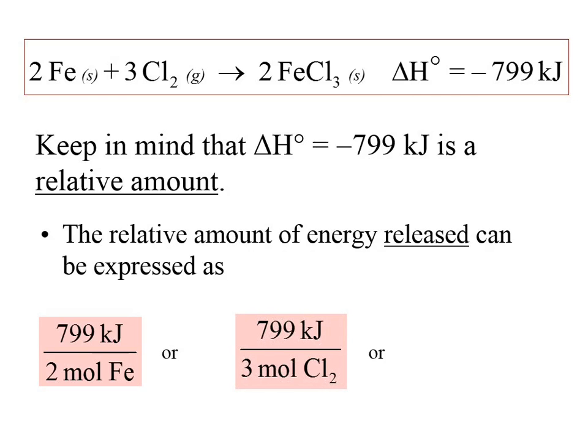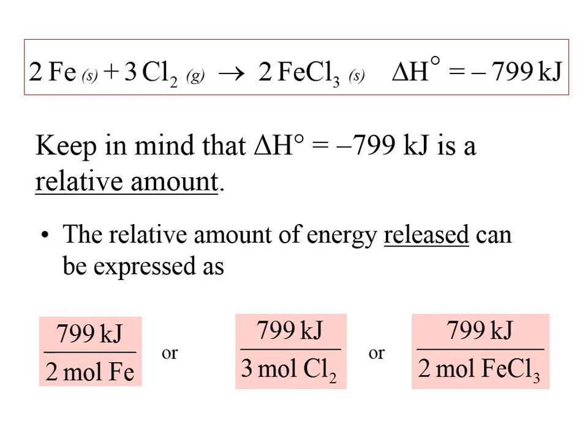We could pick off the stoichiometric coefficient in front of the Cl2. Okay, we could say 799 kilojoules of energy are released for 3 moles of Cl2. Alternatively, we could turn our attention to the product. We could say 799 kilojoules of energy are released for the stoichiometric coefficient in front of the FeCl3, for every 2 moles of FeCl3. They're just depending upon what we need.